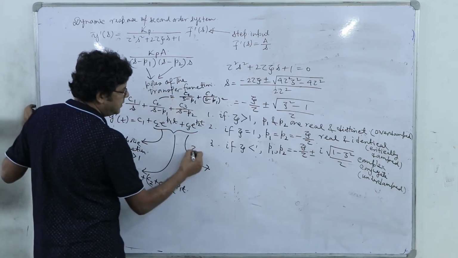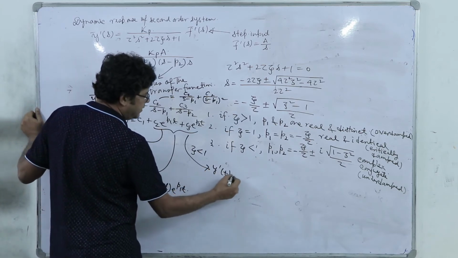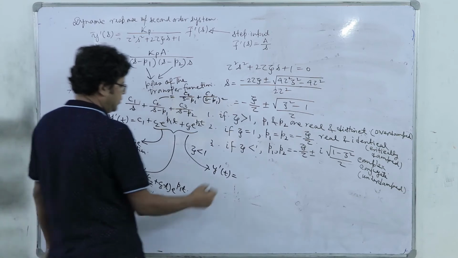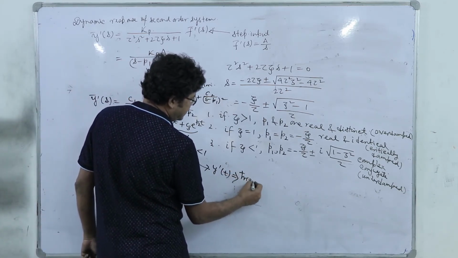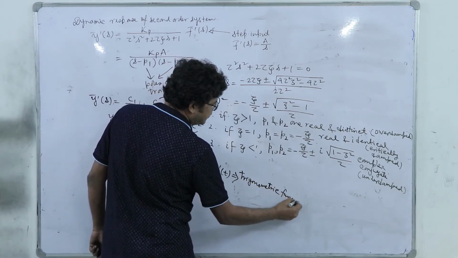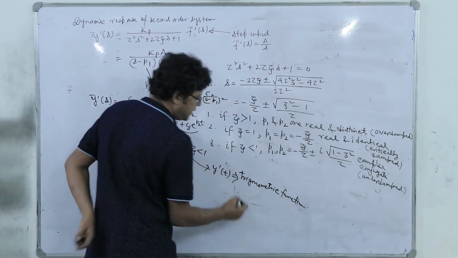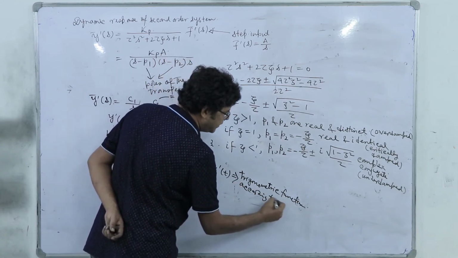And if zeta is less than 1, y prime t will be some trigonometric function, right, according to Euler's theorem.